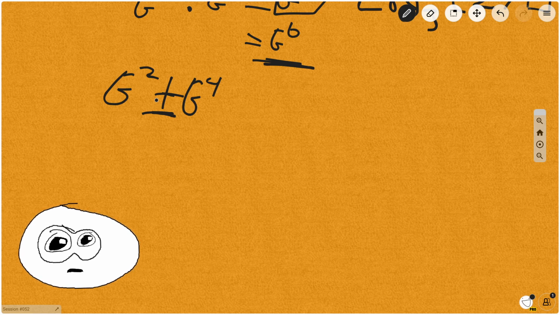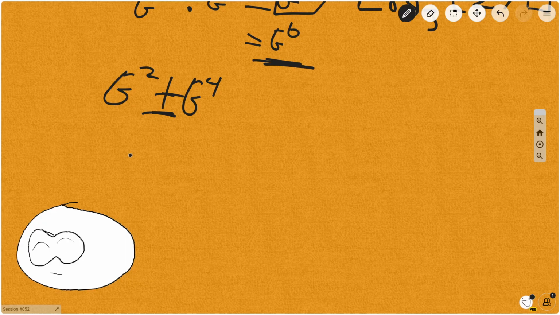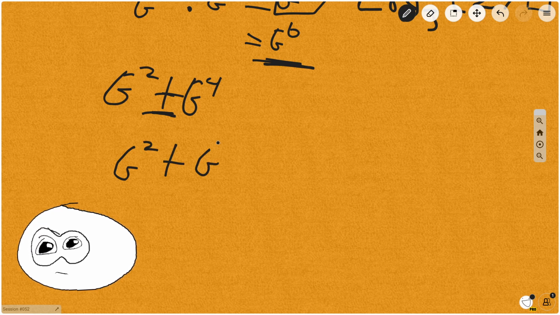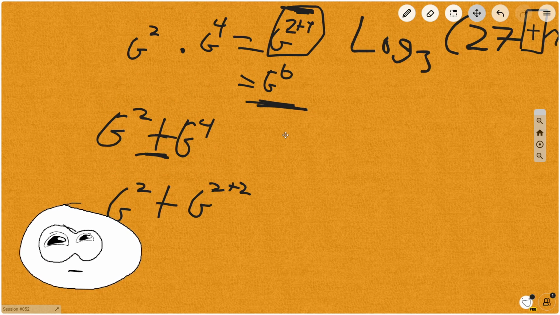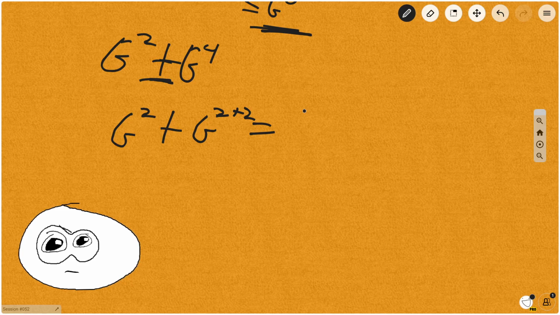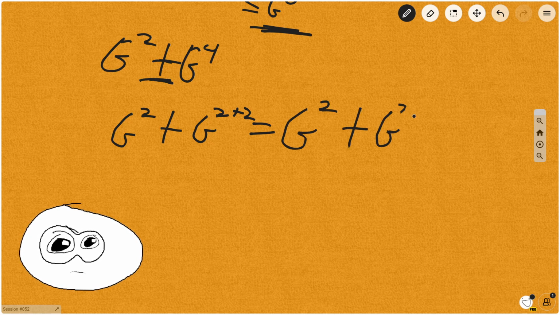It's just kind of stuck there. And yeah, you could do some funky stuff, like g to the power of 2 plus g to the power of 2 plus 2, and then that would equal g to the power of 2 plus g to the 2 times g to the 2.